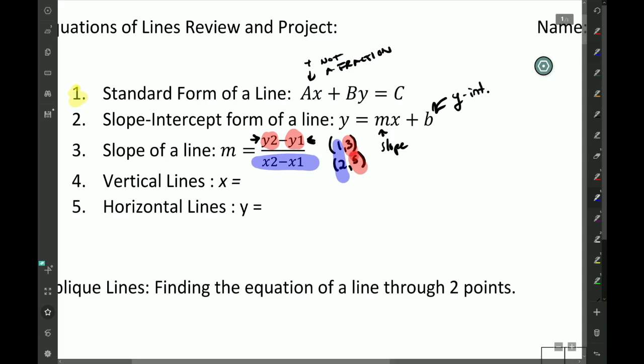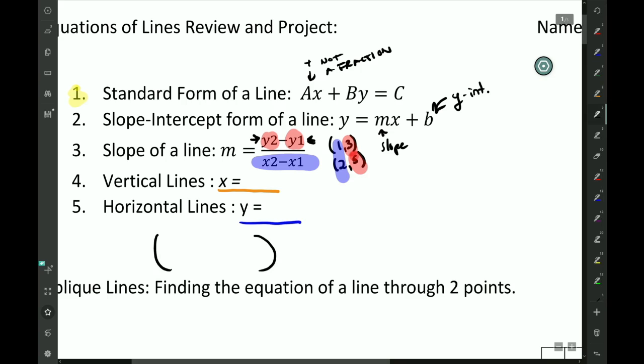Horizontal and vertical lines, the big old thing people tend to forget: vertical is always x equals, and horizontal is always y equals. The good old Van Halen trick.